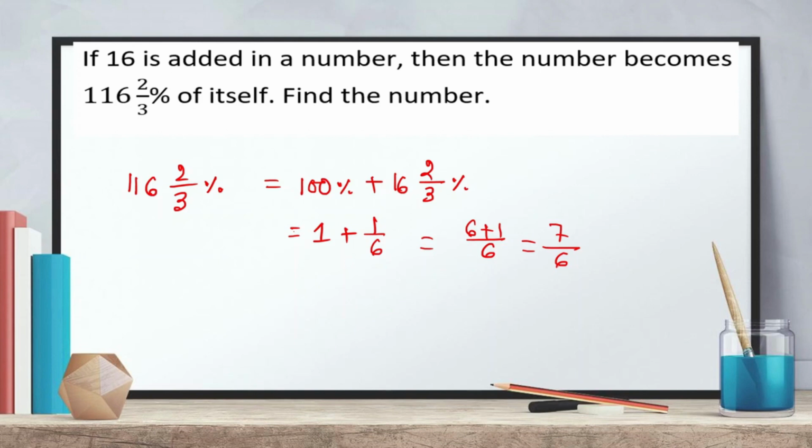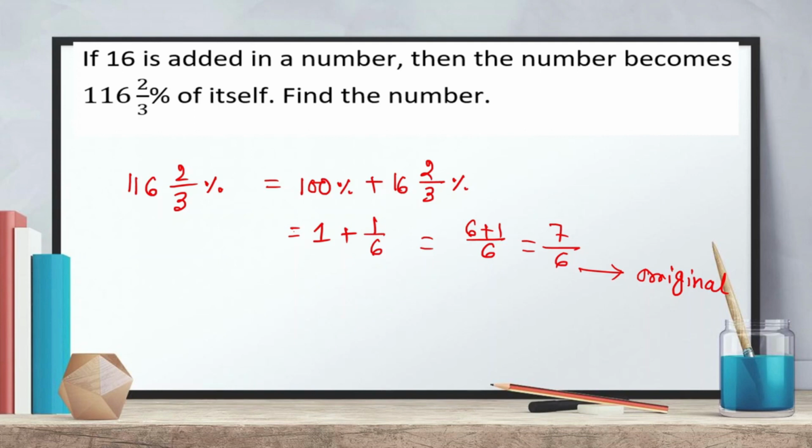So if it is the final result, as I told you, whatever is in the denominator is the original value, and whatever is in the numerator is increment or decrement. But look, here 7 by 6 is the final result.